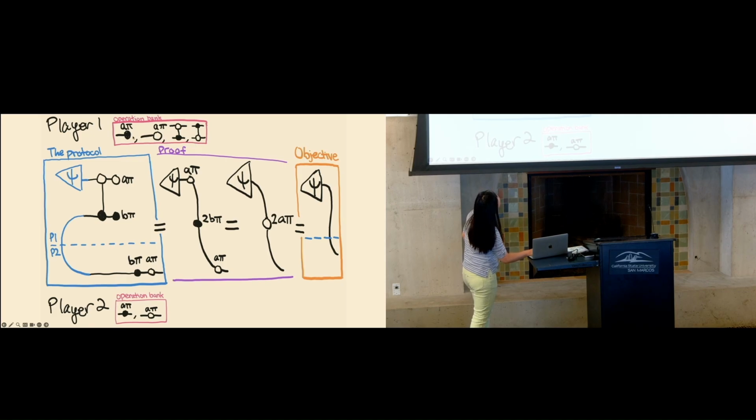Yeah, so this one is an effect because it has one input but 0 outputs. And player 2's are gates because they've got one input and one output. And you said they are X and Z gates, yes? Yeah, this is an X gate and this is a Z gate.